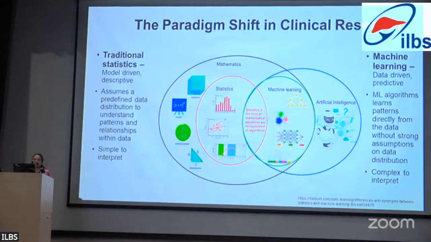Any kind of data can be put together to get very complex analytic inference, and it can model different clinical applications like prediction, risk stratification, and classification problems. So it's complex to interpret as well.